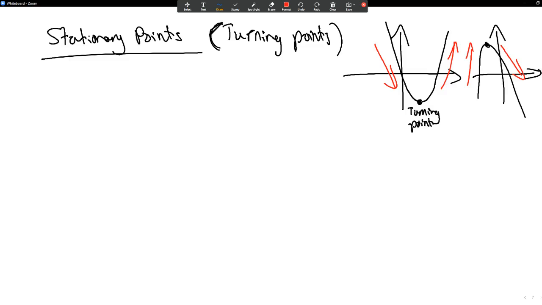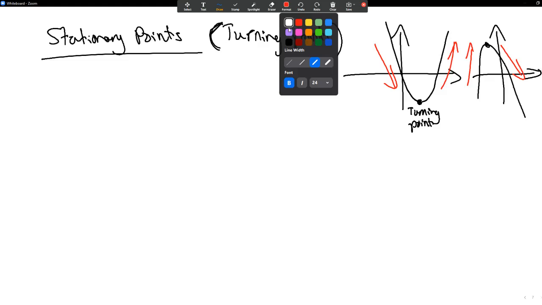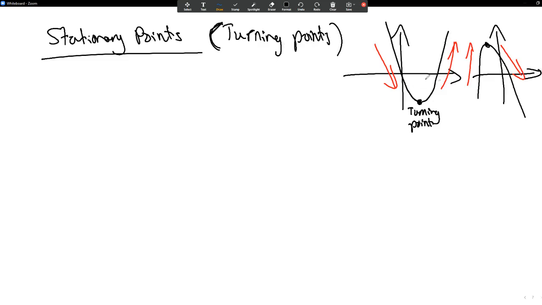Right. So what you can say is that when we have this first case here, this is known as the minimum of the curve. This is known as the maximum. So these are 2 different types of turning points.